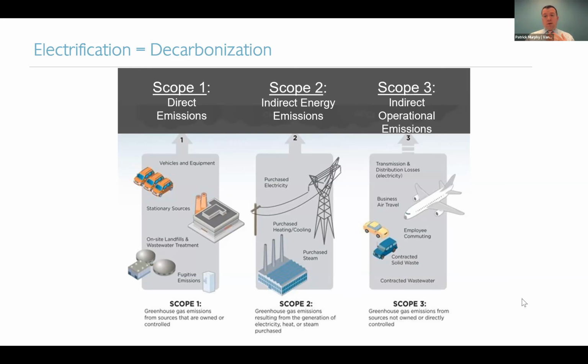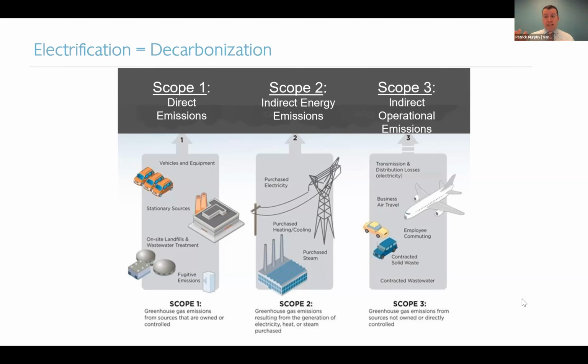Scope 2 emissions are the indirect emissions associated with energy consumption in buildings. So that can be, for example, that you're purchasing electricity from the grid, and that electricity is generated by an array of sources, but that includes a coal plant or a natural gas power plant. And so the electricity generation has an emission that you are indirectly a part of through the consumption of that electricity.